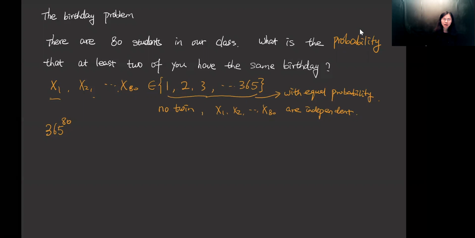And all of these possible outcomes, all of these possible states have equal probability. There is no reason to believe that any state is more likely than the others. 365 to the power 80 equally likely states, or equally likely possible combinations of values for these 80 random variables.